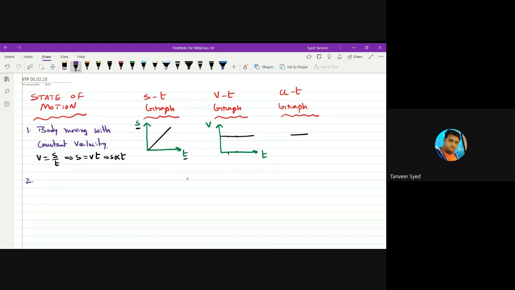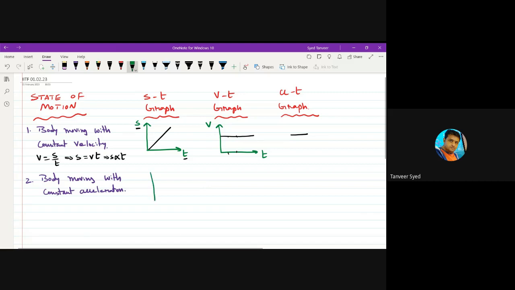Next, the second situation, the second state of motion, is a body moving with constant acceleration. Okay.